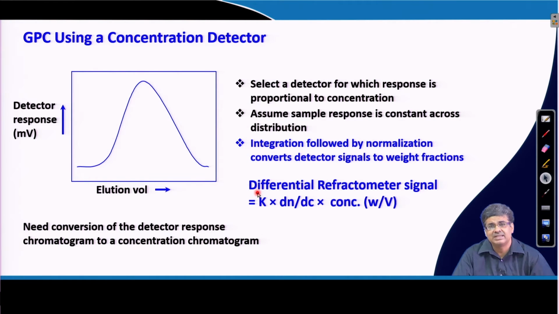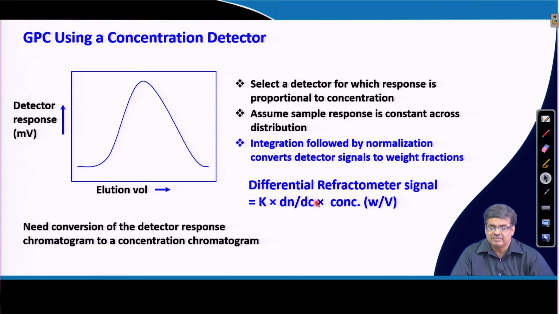One such detector is the differential refractometer detector, in which the signal is proportional to a constant, dN/dC, and concentration. Again, concentration is mass by volume concentration, not mole by volume concentration. We have discussed the dN/dC term earlier; it is the refractive index increment with concentration.